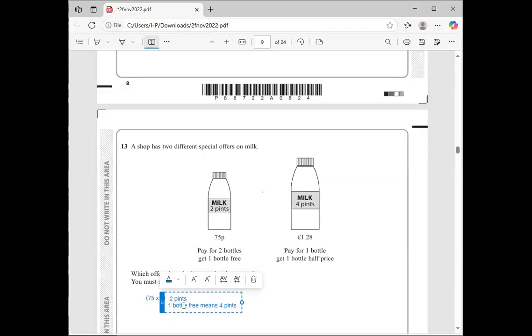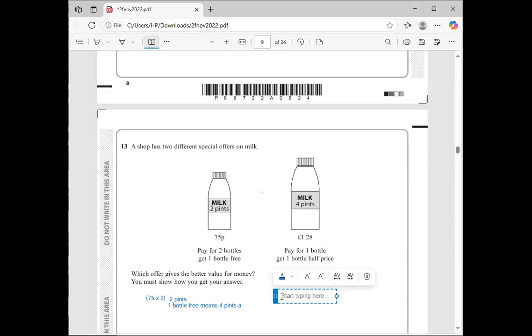Okay, I think this is it. Okay, so 4 pints because of the 2 plus 2. So let's see what the other one will give us.